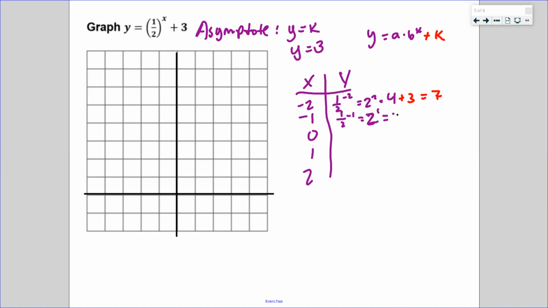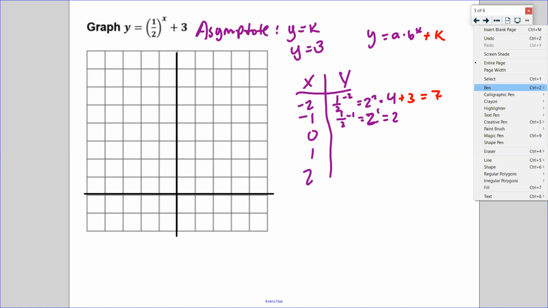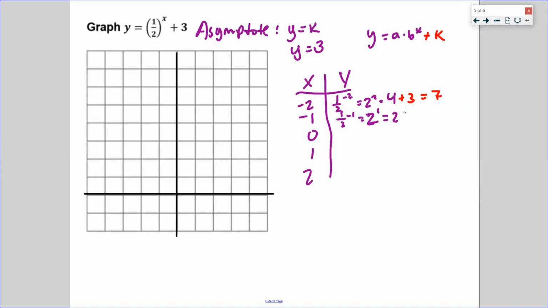Well, that's just 2. See, 4 and 2. Half of 4 is 2. But that's not the whole story. The next number is +3 of that, 5. So again, b is our decay factor here. We're going to have exponential decay, but half of 7 isn't 5. The factor happens here before we move everything up.